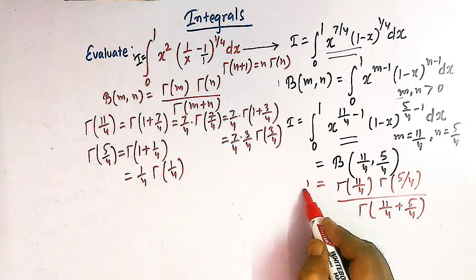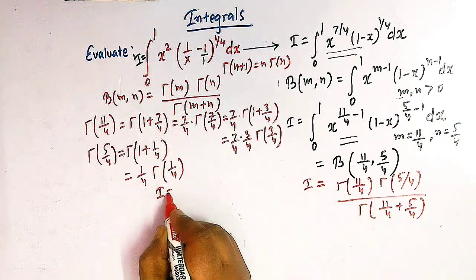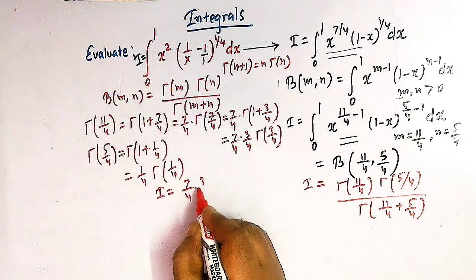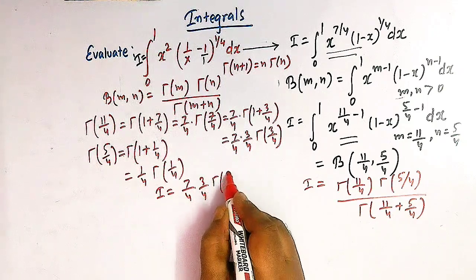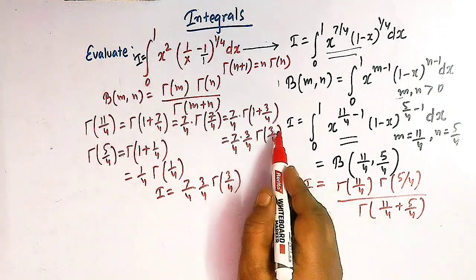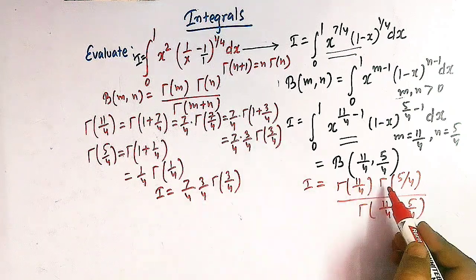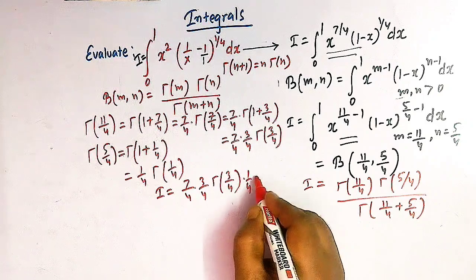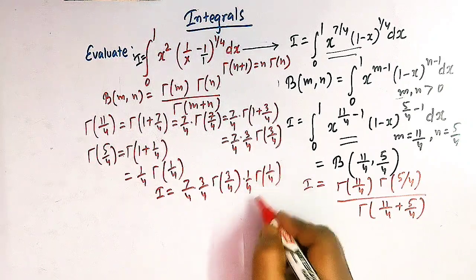So now this integral I can be written as 7 by 4, 3 by 4, gamma of 3 by 4, right? Gamma of 11 by 4 is substituted here. Then gamma of 5 by 4, this is 1 by 4, then we have gamma of 1 by 4.